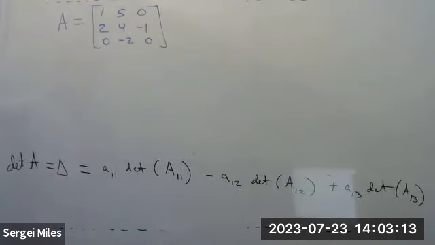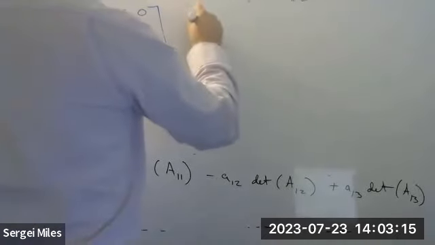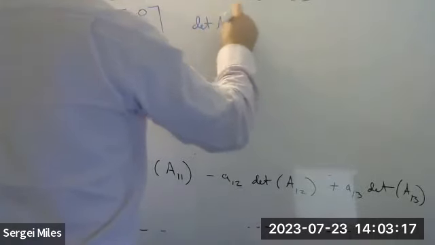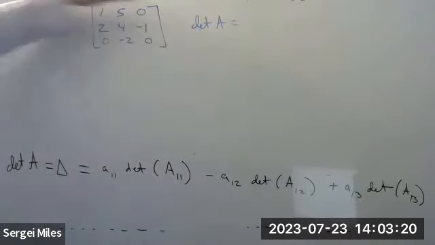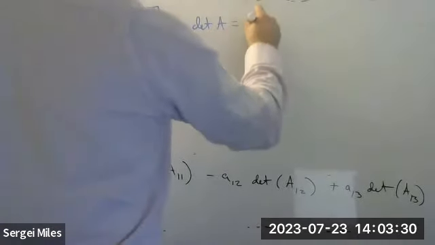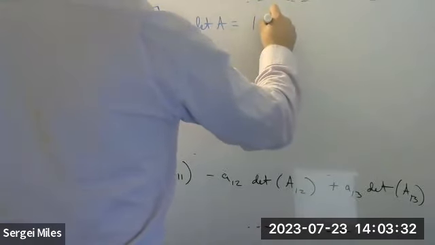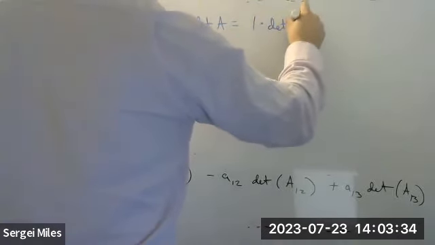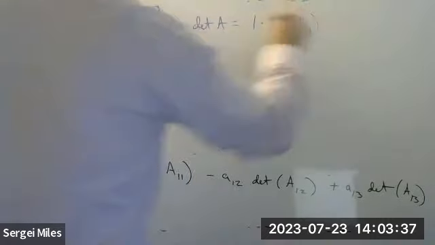All right. According to this formula, to find the determinant of this matrix A, I need to go across this top row. I'm going to take each entry and multiply it with the determinant of its corresponding submatrix. So I'm going to take A11, which is 1. I'm going to multiply it with the determinant of the submatrix where row 1, column 1 is marked out.